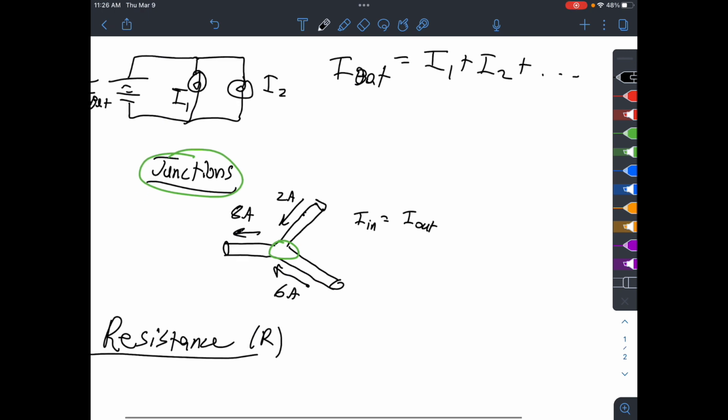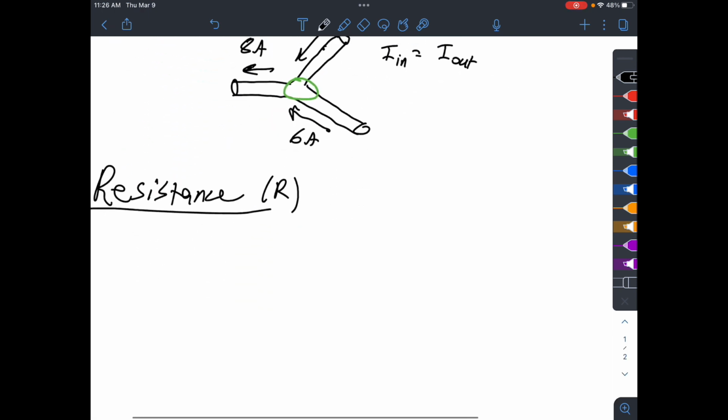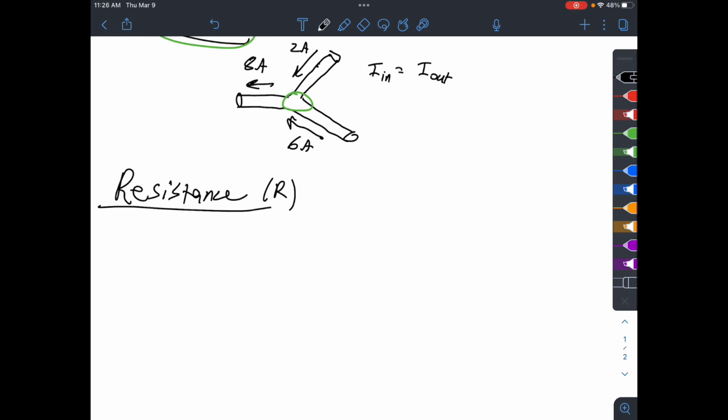I just kind of was doing it as 8A, or A for amps. The unit abbreviation for resistance is this capital omega. It's a Greek letter that stands for ohms, which is the units of resistance.